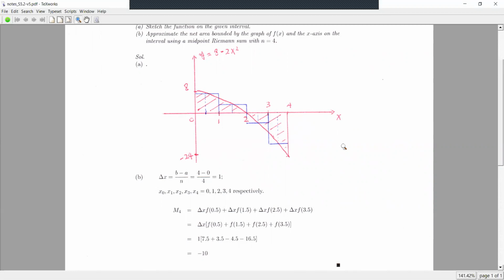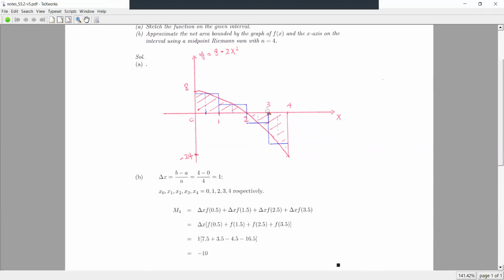Okay, now build rectangles. Use function values at midpoints. Over the first subinterval, pick the midpoint. Between 0 and 1, the midpoint is 0.5. The function value at 0.5 is the height to build a rectangle. The area of this rectangle is delta x times the function value. Over the second subinterval, the midpoint is 1.5. So the function value at 1.5 is the height of the rectangle. The area is the base delta x times the function value at 1.5.